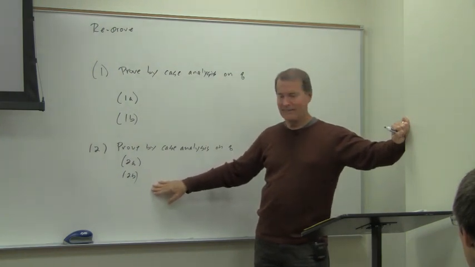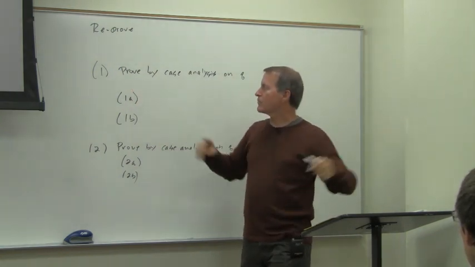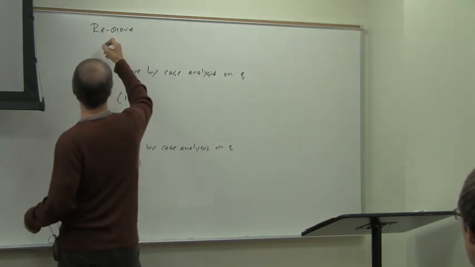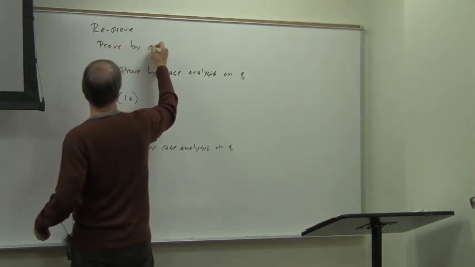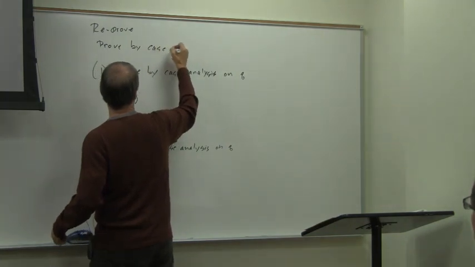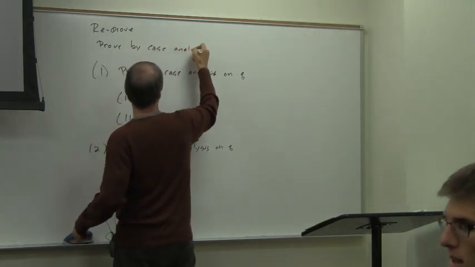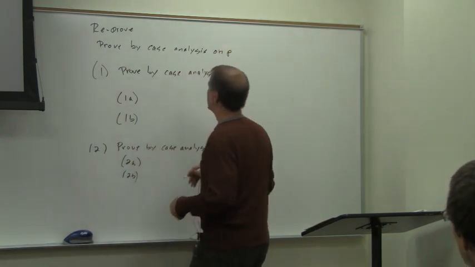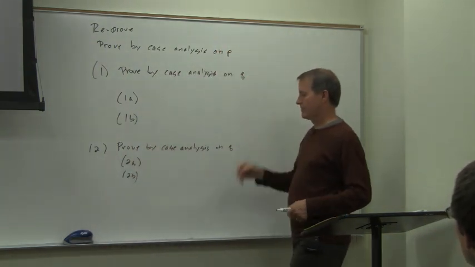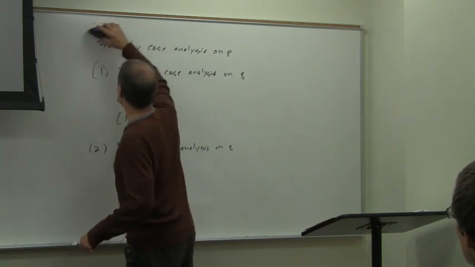What's the difference between 1 and 2 though? Well, remember this whole thing was proof by case analysis on P. I'm lost as to why there's 4 different proofs. We had when P was true and when P was false, and now he's saying you can do it when P is true and Q is true, and then when P is true and Q is false, and then when P is false and Q is true and P is false and Q is false.